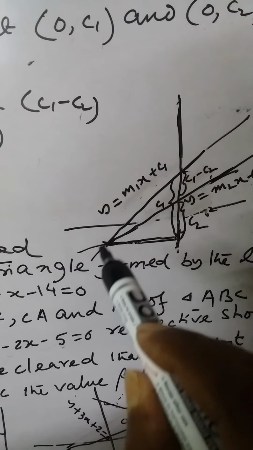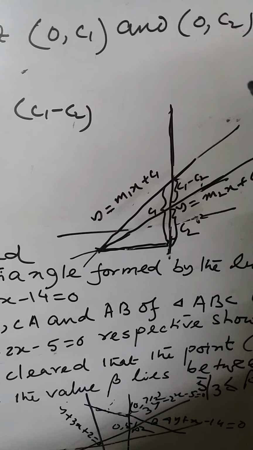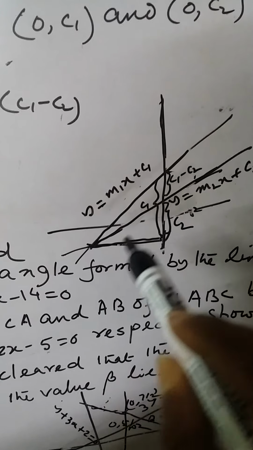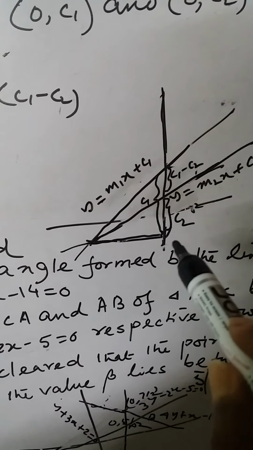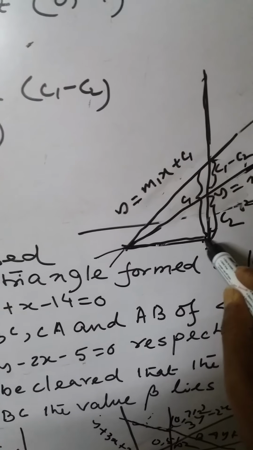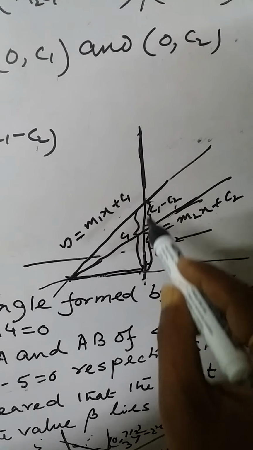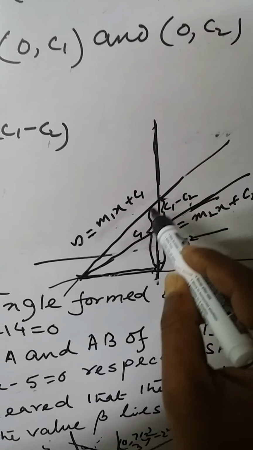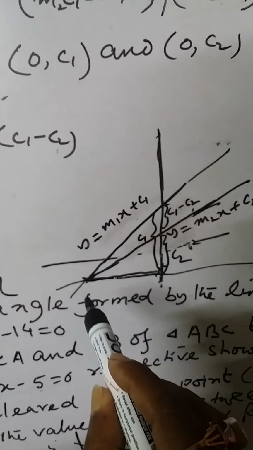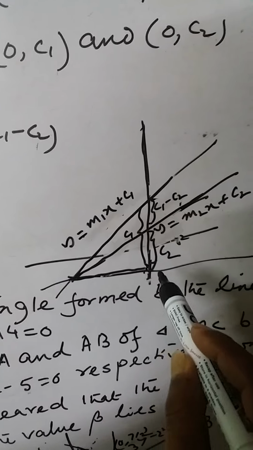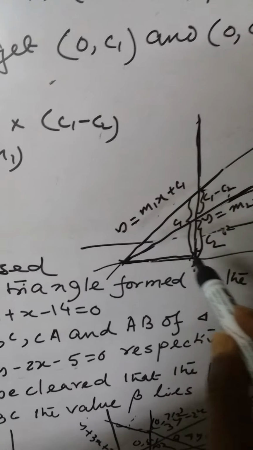This is y equal to m1x plus c1 and this is y equal to m2x plus c2, with intercepts c1 and c2. So this side is c1 minus c2 in this triangle. This is the triangle, and this is x, suppose.